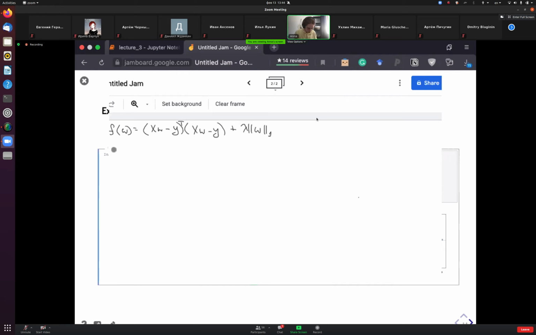So we'll be minimizing with respect to W, and let's start opening the brackets right away. So we'll have W transpose X transpose XW minus 2 times W transpose X transpose Y plus Y transpose Y. So here I just opened the first brackets, and plus my regularizer.